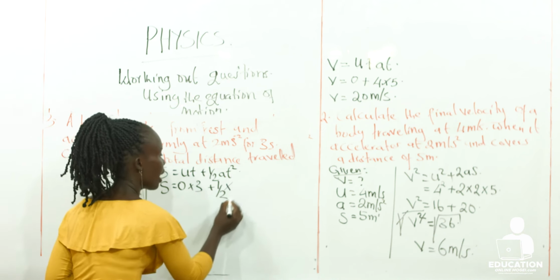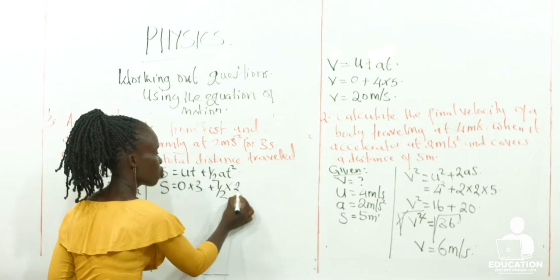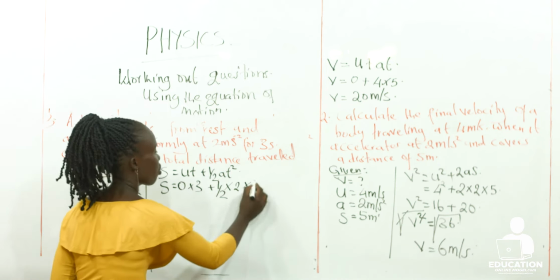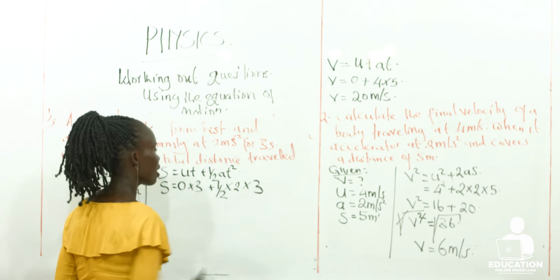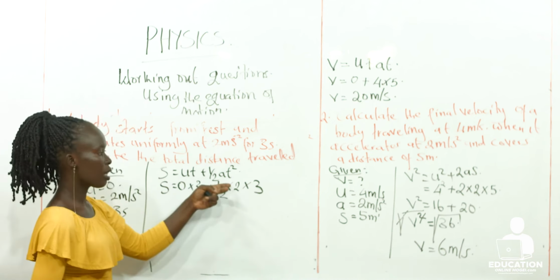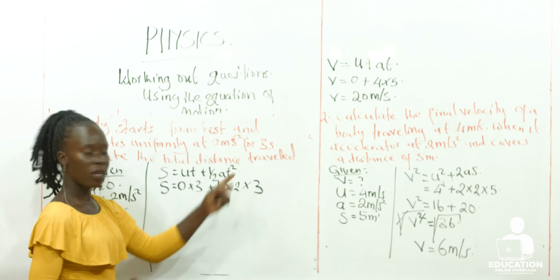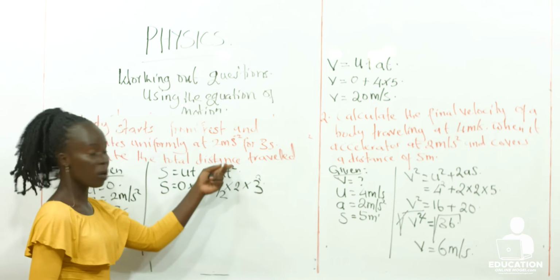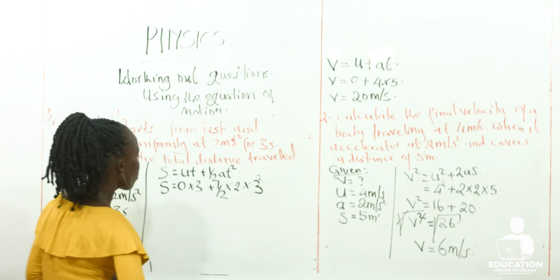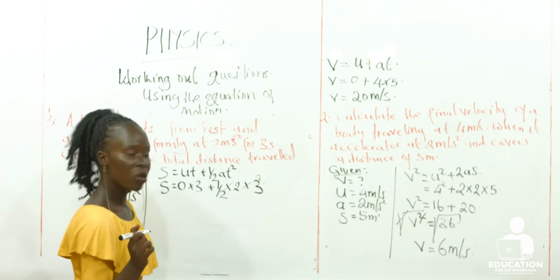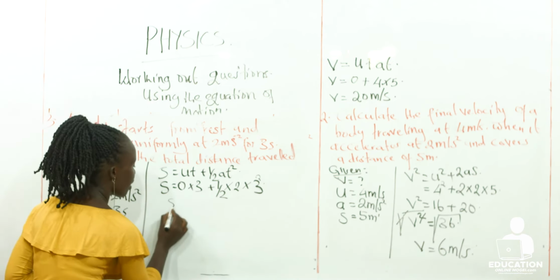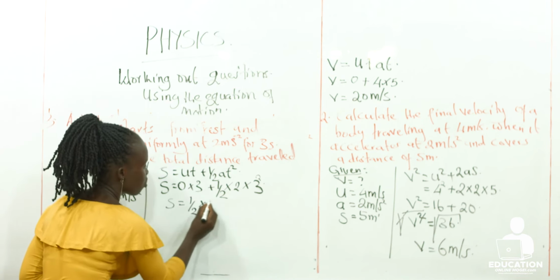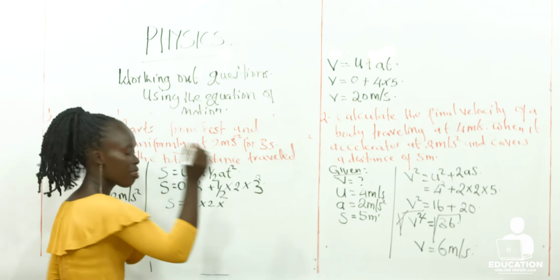So we are multiplying it by our acceleration, which is 2, times our time, which is 3. But remember, our t here is squared, so we are introducing this square sign also. When you multiply a number by 0, it is 0. So we shall have our s is equal to a half times 2 times 3 squared.